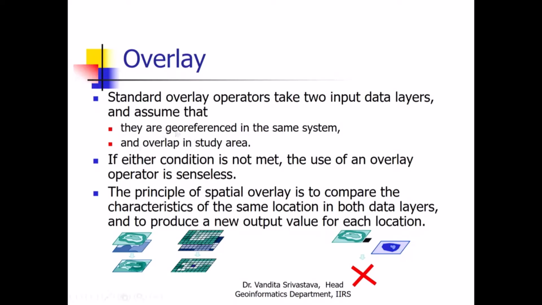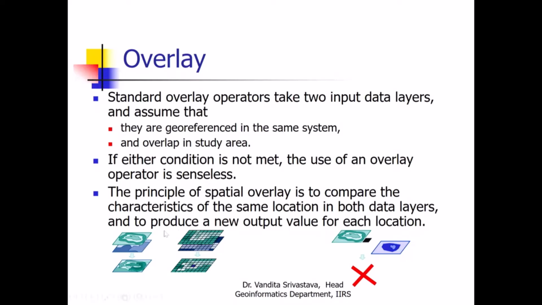And the other assumption is that there is an overlap in the study area. If you have a study area like this, for example, this is Dehradun district, there is Haridwar district, there is no overlap between the two, then we cannot perform overlay operations on these two layers. So these two conditions have to be met in order to perform overlay operations. If either of these conditions is not met, it is not sensible to perform overlay operations.